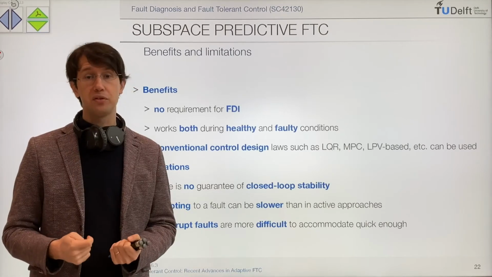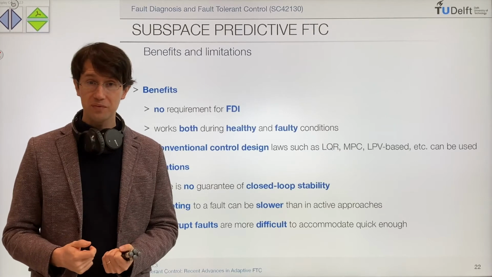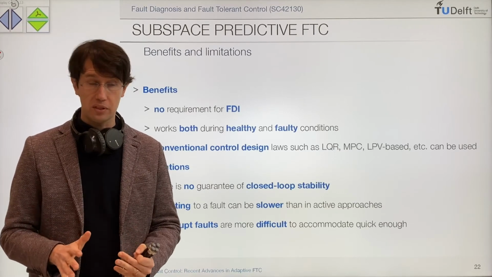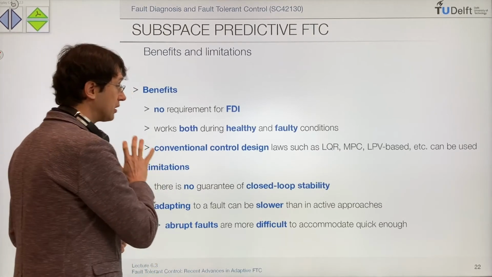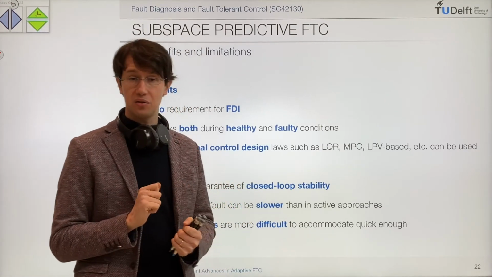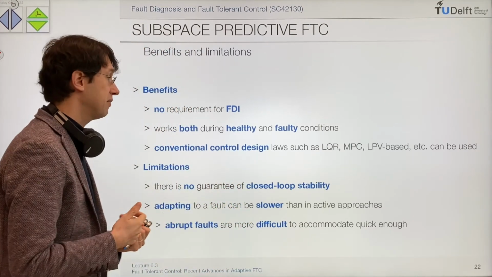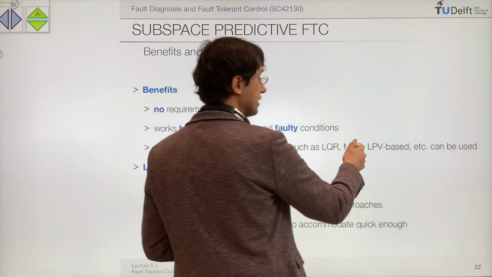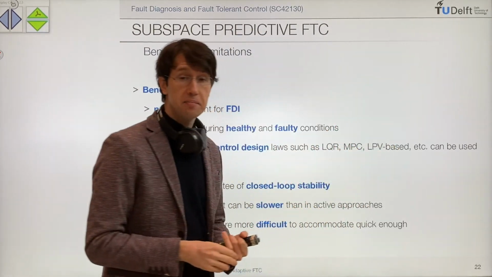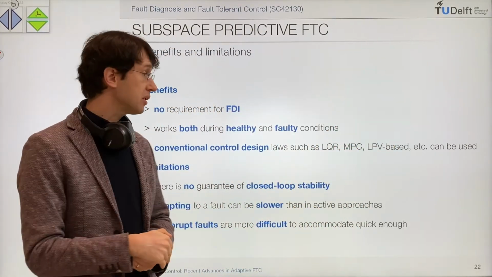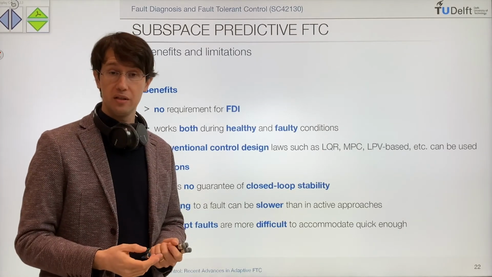But if the fault is mild from this point of view, this just works. And also, we are not limited to one control law, we can have many. We can have LQR, MPC, techniques based on linear parameter varying models, and so on and so on.